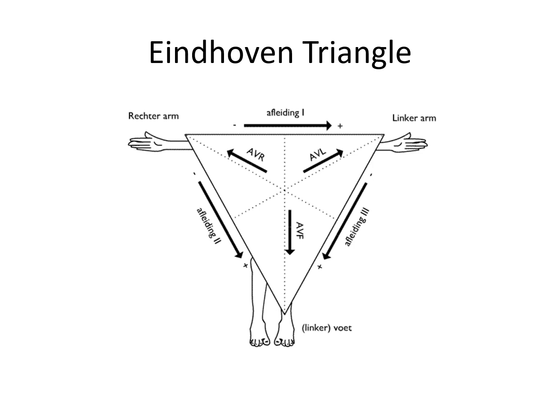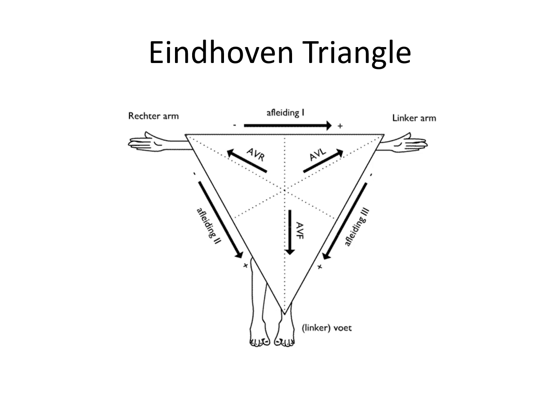Then you have lead 2, which looks left and down. The other left-looking lead is lead AVL, which looks left and up. And then you have the two downwards looking leads, the AVF, which is a purely vertical lead. It looks straight down. It doesn't care what's happening in the horizontal axis.